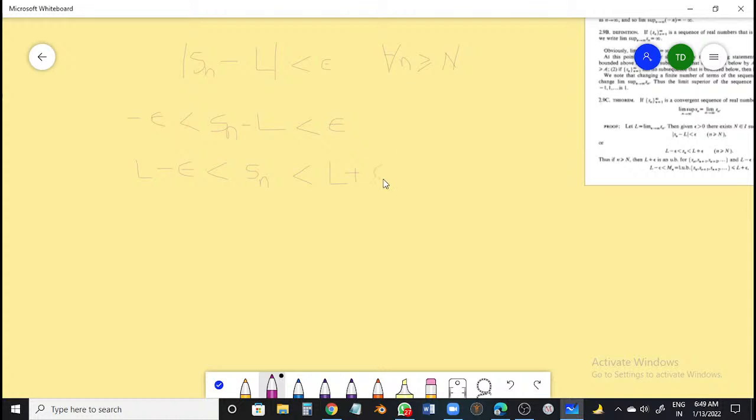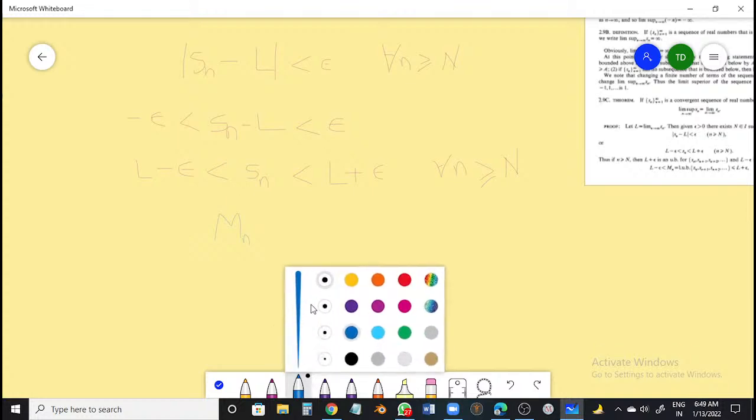But when? Not for all n. This is only for n's crossing this n. After this n only. So what this means, if all Sn lie between L minus epsilon to L plus epsilon, actually let us recall, we used to call Mn, M suffix n.